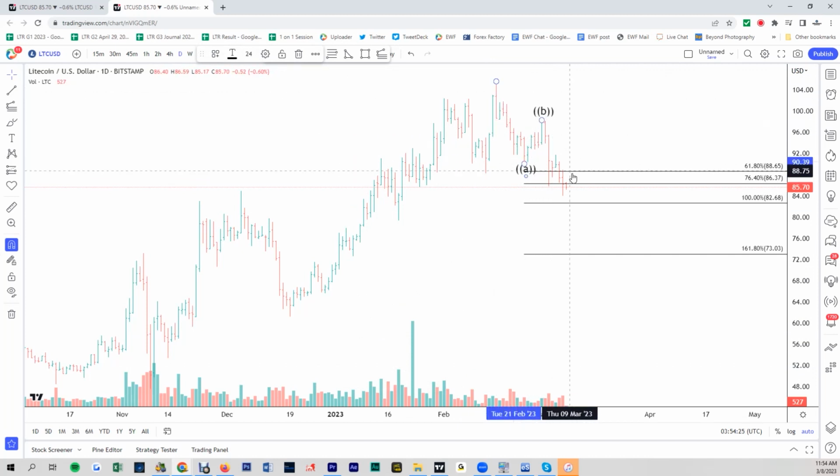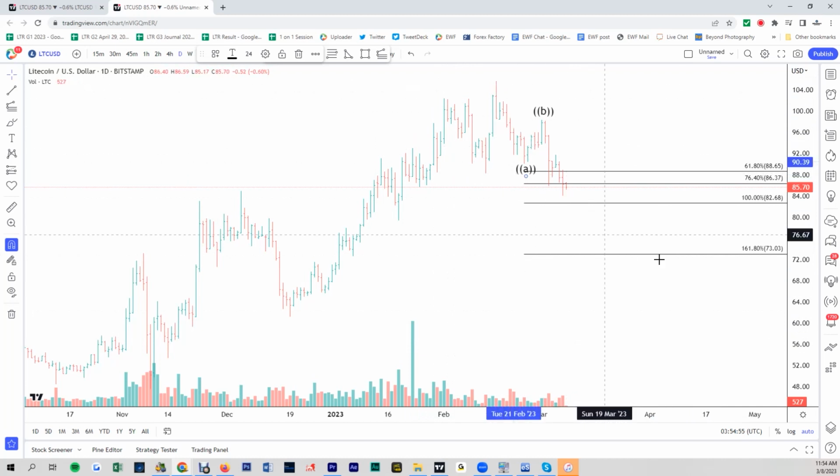If you simply project the extension, then C should ideally reach at least 100%. The area is always between 100% and 161.8%, because you don't want to see it go below 161.8, since then it can become 1, 2, 3. Whenever it reaches 161.8, there is a high risk that the decline is not a zigzag but becomes a 1, 2, 3.